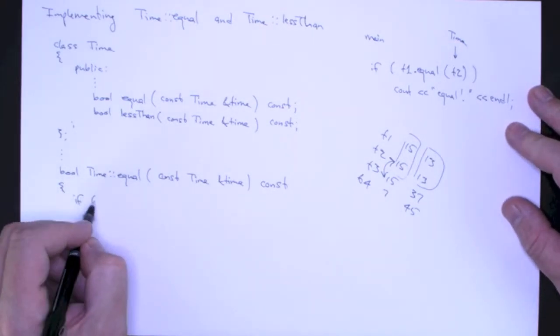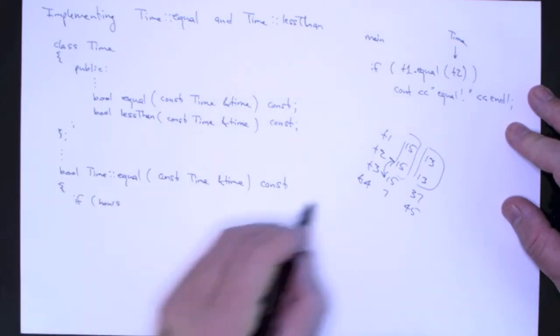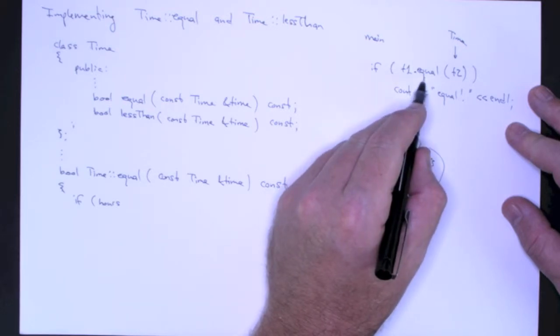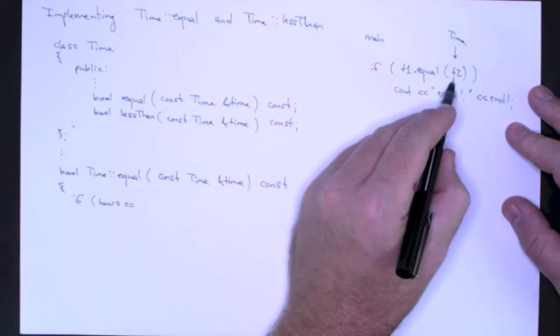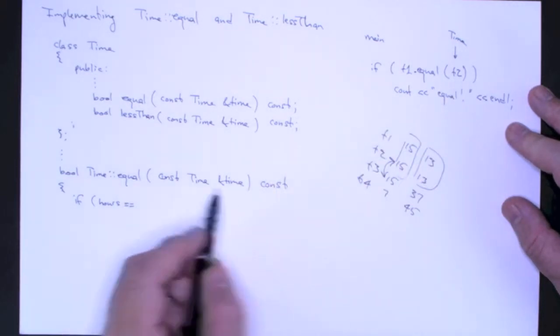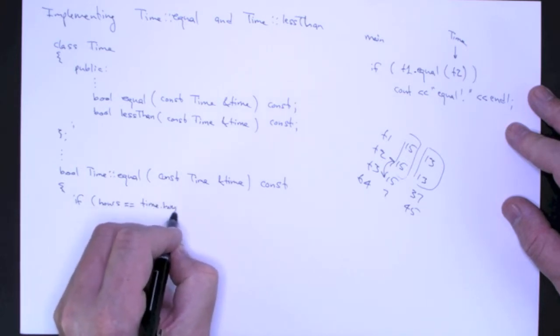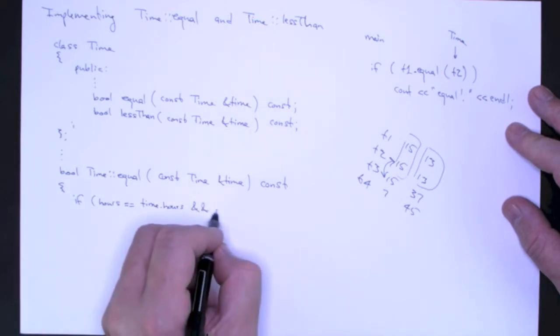So if hours, the hours of the object to which the method belongs, is equal to the hours of the object that's coming in as the parameter, time.hours, and if the minutes are the same too.